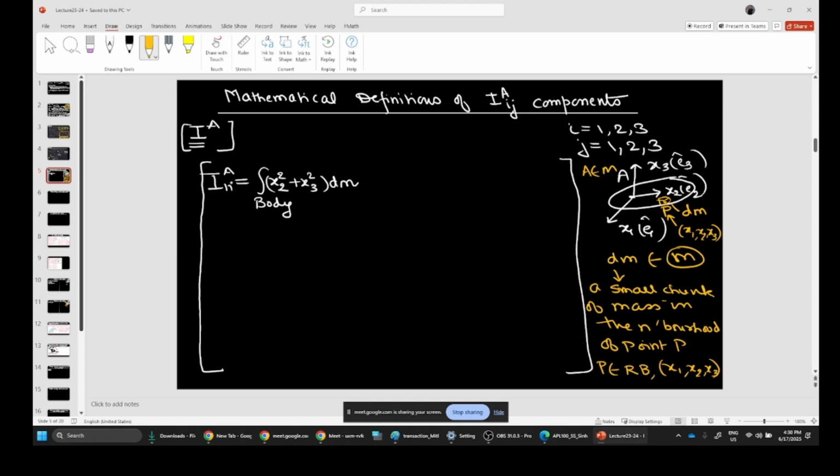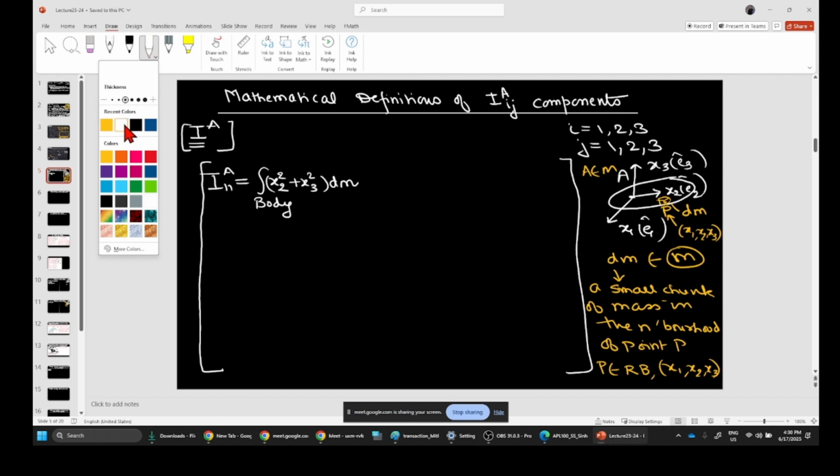The reason is that I wanted to keep it light. Since we are having a very fast-paced semester, I thought of removing that derivation, and that is quite an involved derivation. Okay, so this is IA11 by definition.